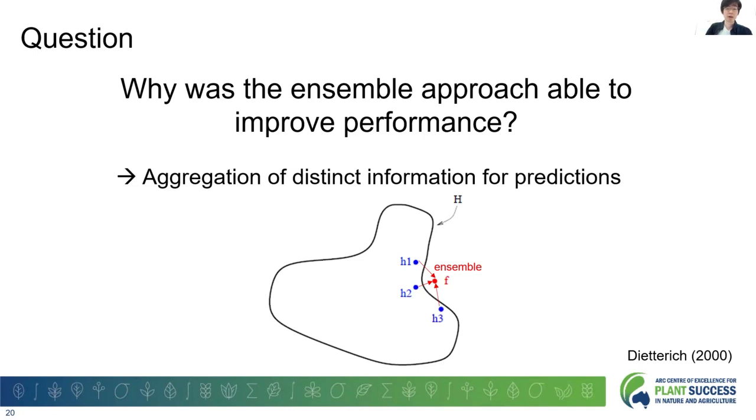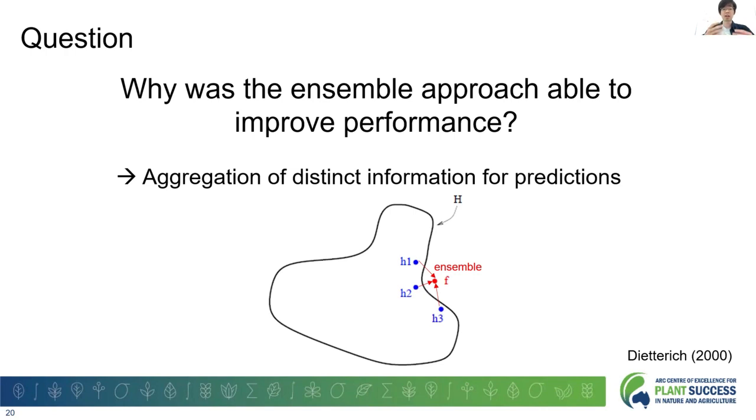Therefore, by aggregating all the captured information into one, combining all the information at the end, we can complement the information of each other to have more complete information for prediction, leading to further improvement of the prediction performance in the end.